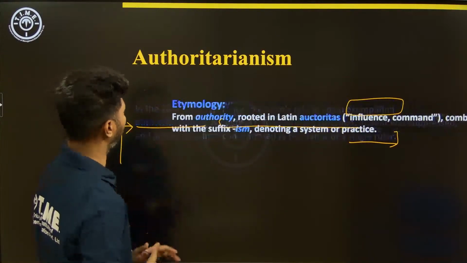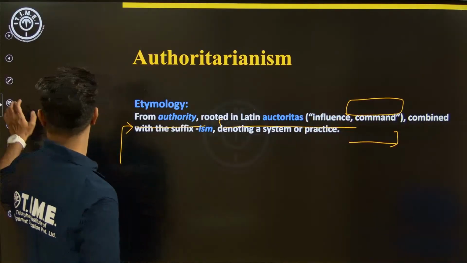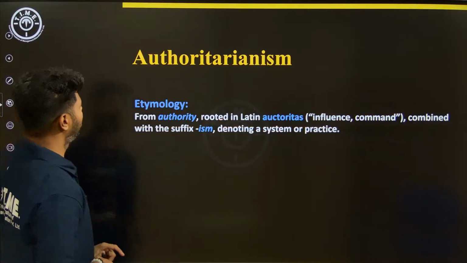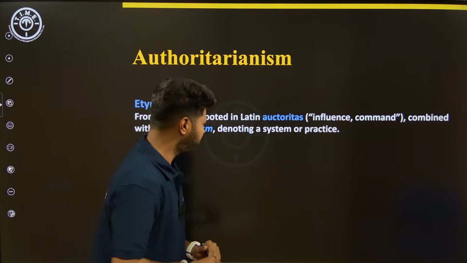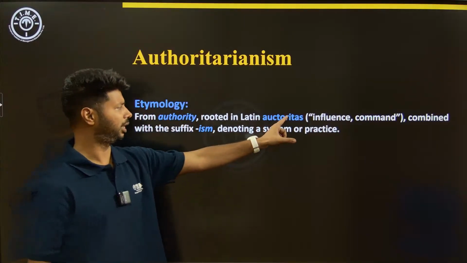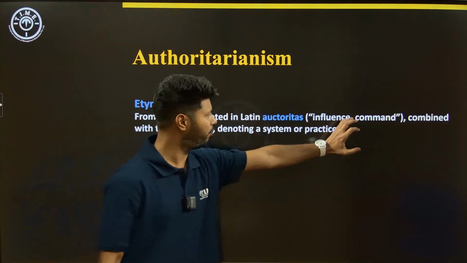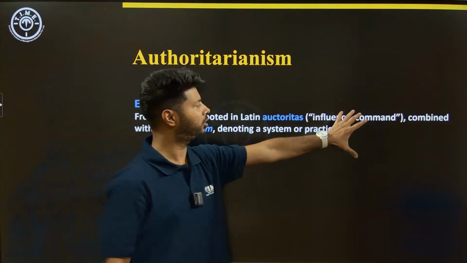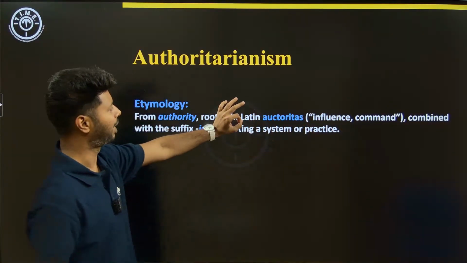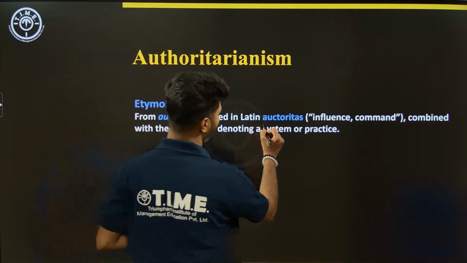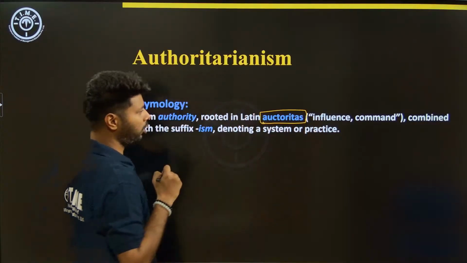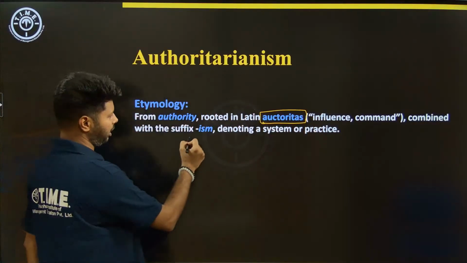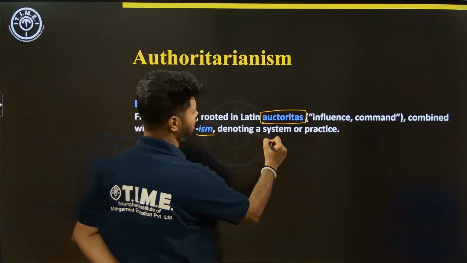Okay, where does the word come from? It comes from authority, which is rooted in Latin. It means influence and command. Auctoritas, which means influence or command. That's the Latin root. This is a Latin root combined with the suffix ism, denoting a system or practice.